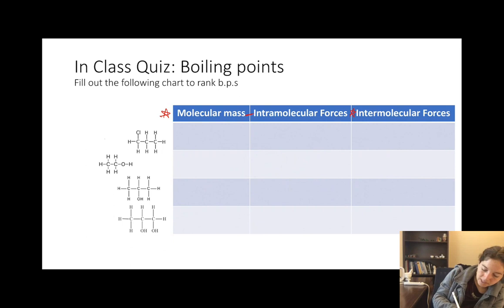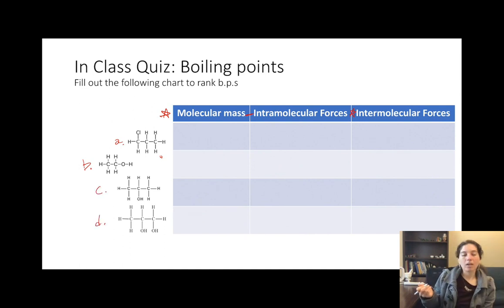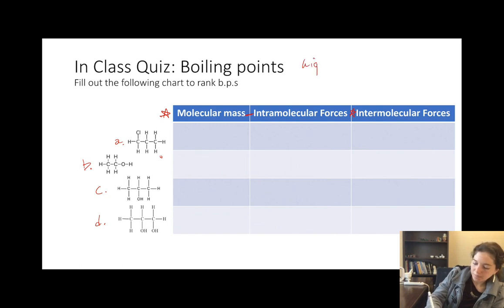Out of substances A, B, C, and D, label these from highest boiling point to lowest boiling point.